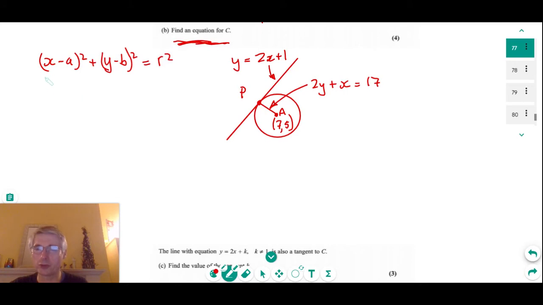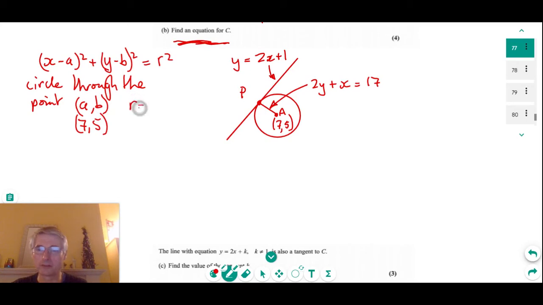This is for a circle with centre a, b. If we've got the coordinates of the centre of a circle, as we have here, 7, 5, that's our a and b, and r is the radius.